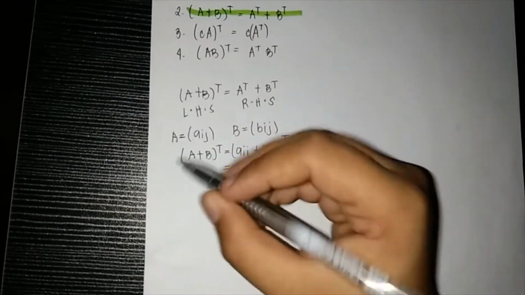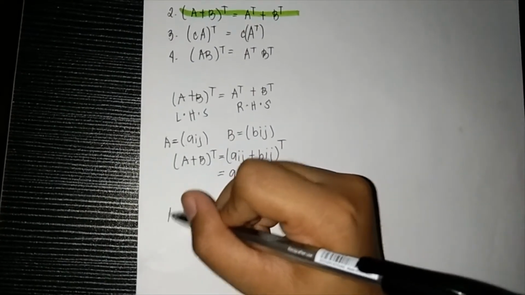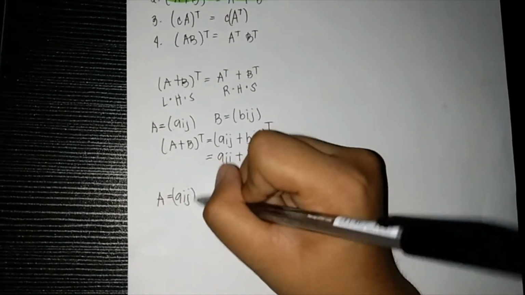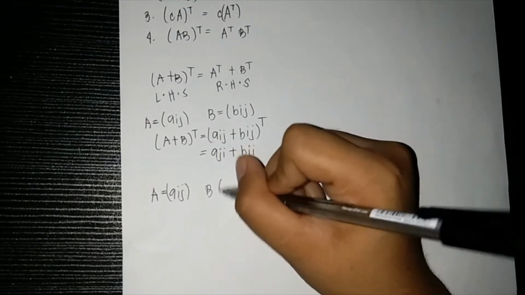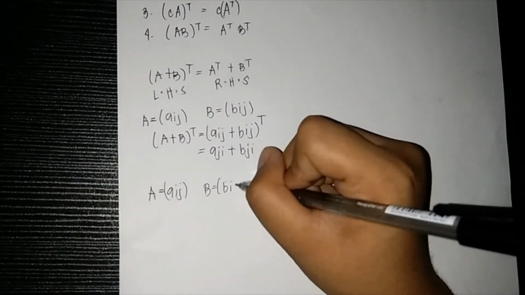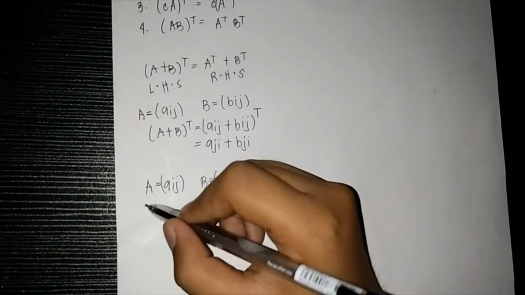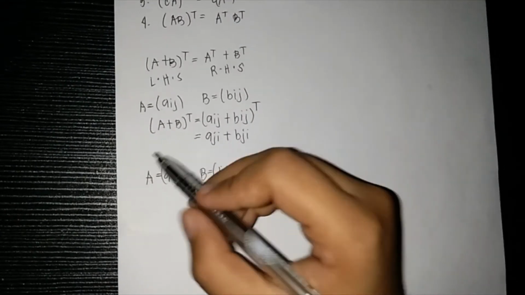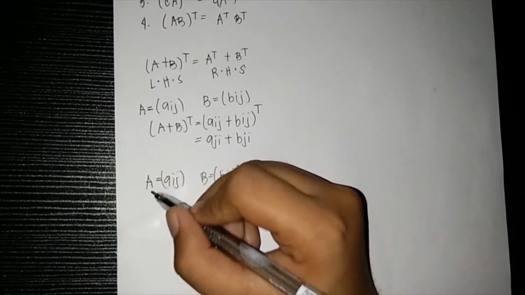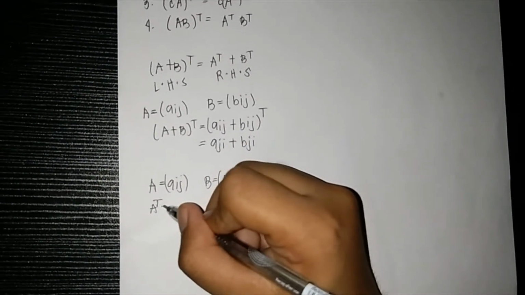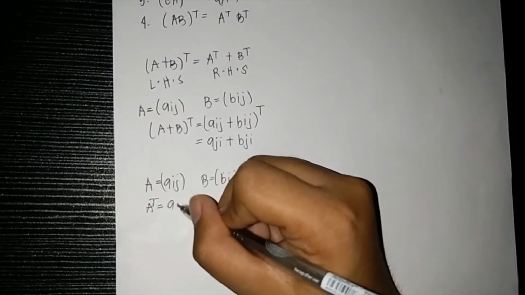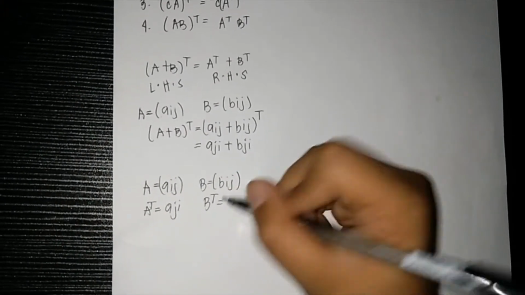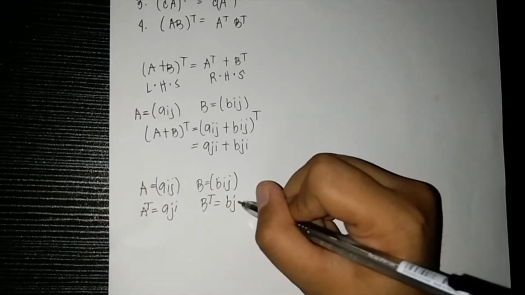We all know that the matrix A is equal to Aij, and the matrix B is equal to Bij, such that if we apply the transpose, A transpose is equal to Aji and B transpose is equal to Bji.